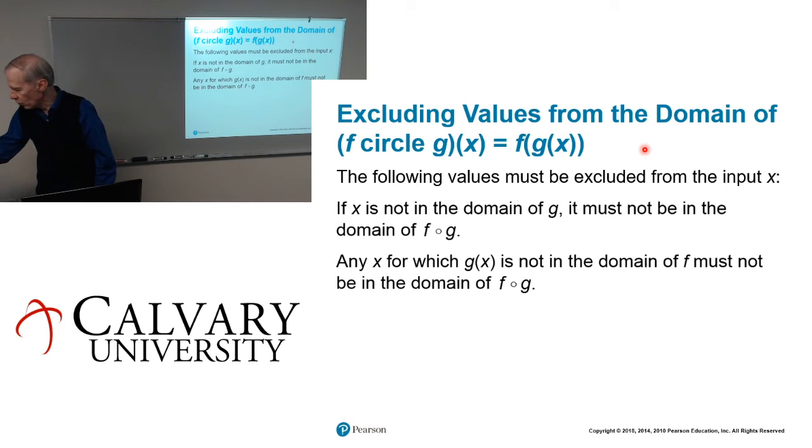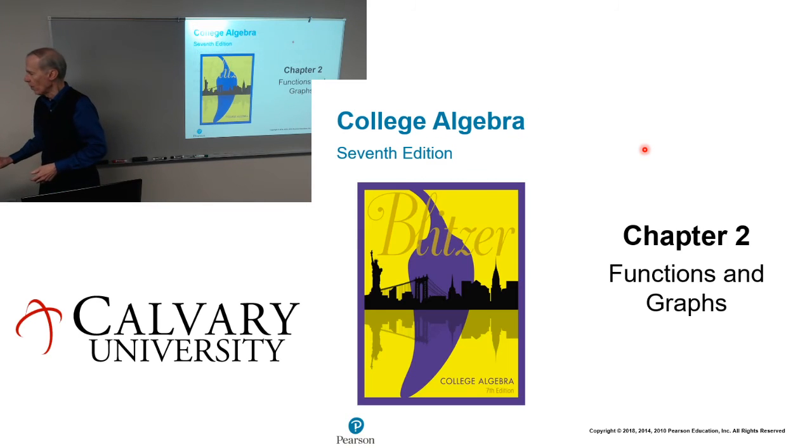Then what you have to also recognize is that if you have various ones with specific values that are excluded from the domain at the beginning, then it must be excluded from the domain as you continue on. All right, that's all that means.